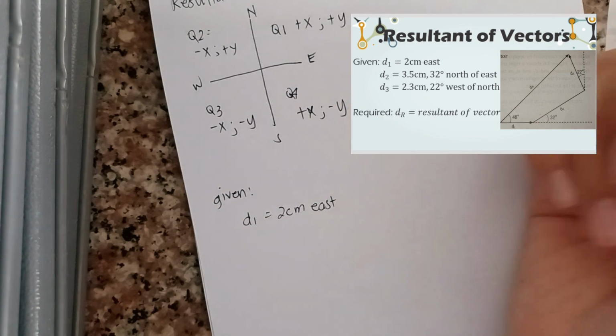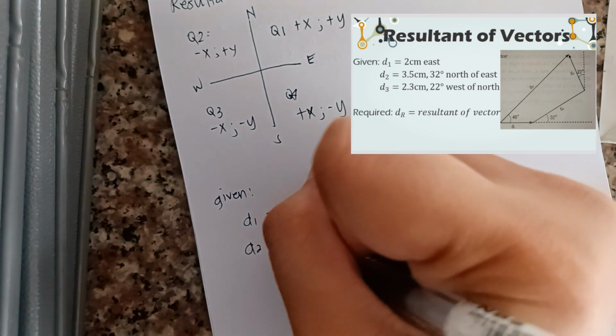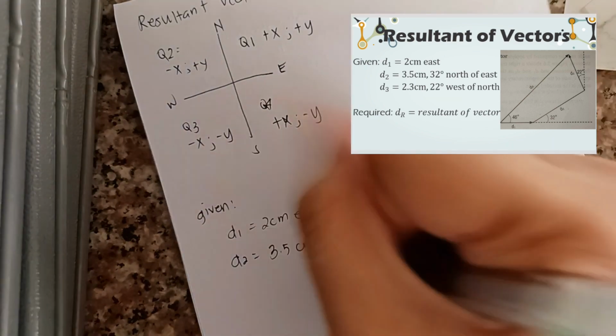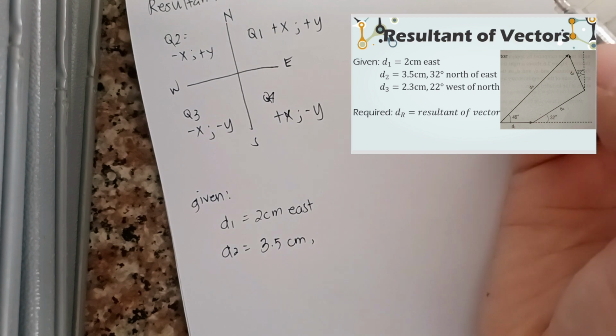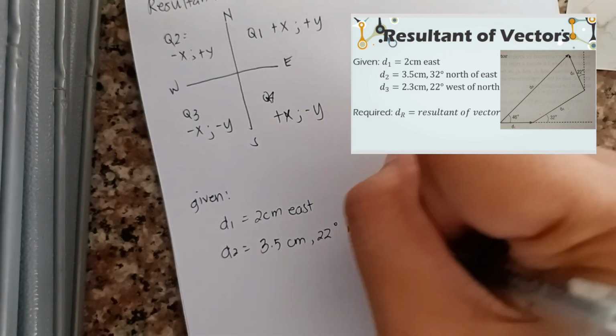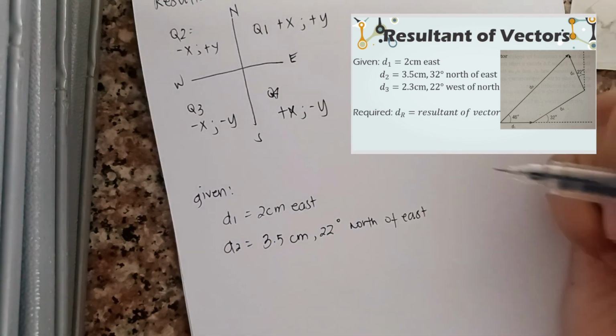Ang ating D2 ay 3.5 centimeters and 22 degrees north of east.